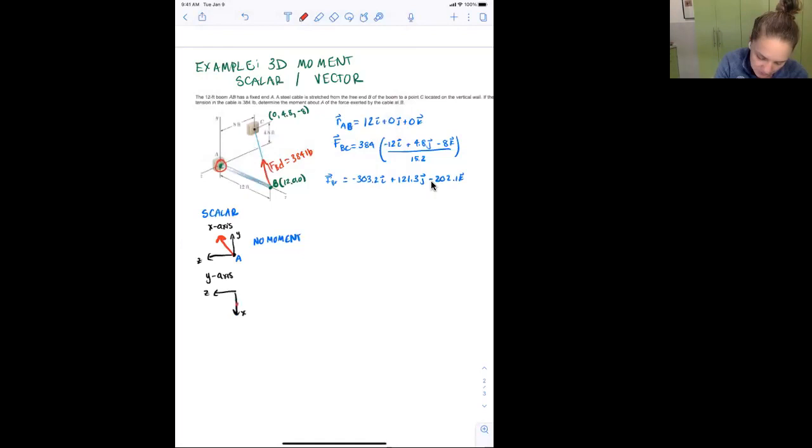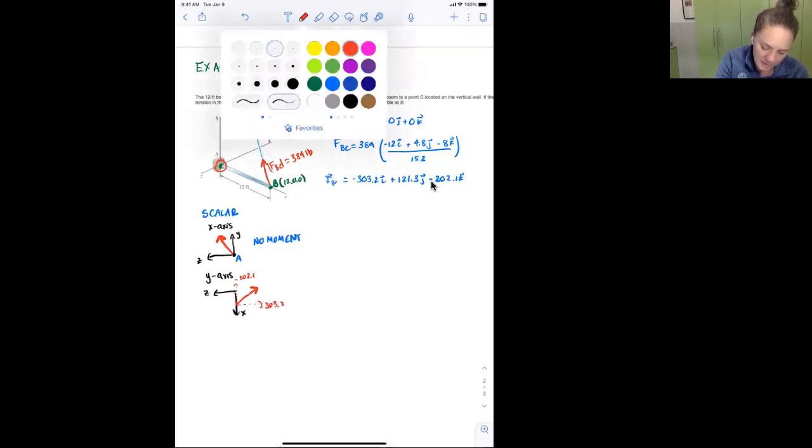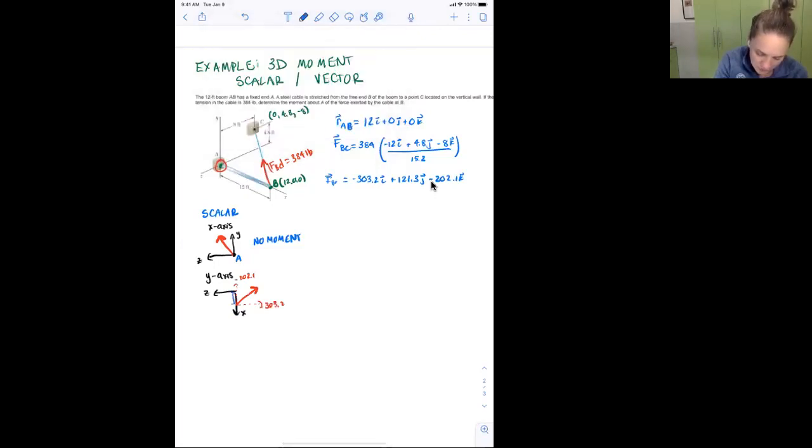So my force is going to look like this. Its components are in the x direction 303.2 with a negative, and then the y 202.1. And that distance that I need to represent is 12.